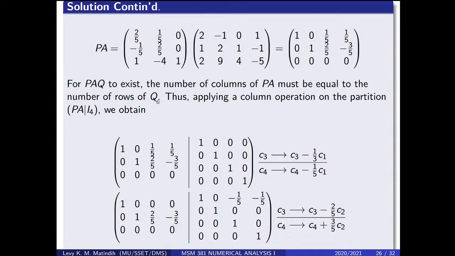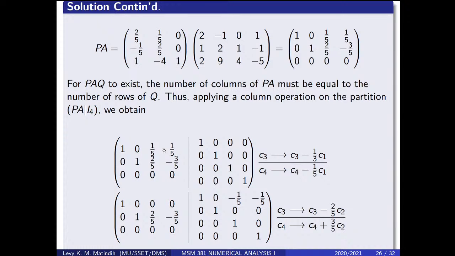Now, to get the matrix Q, we need to apply the column operations on the partitioned matrix containing the matrix PA and the 4 by 4 identity matrix. Remember, this PA is not really the normal form of matrix A. We've not yet reached the point where we have found the normal form.